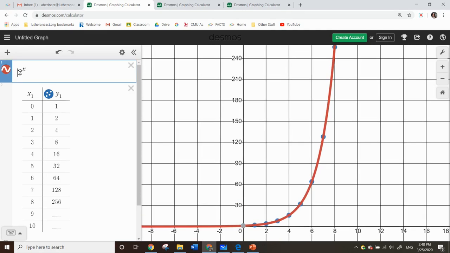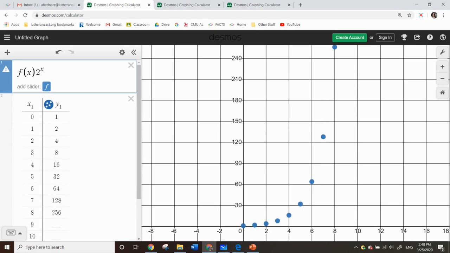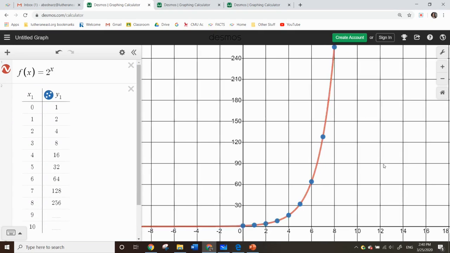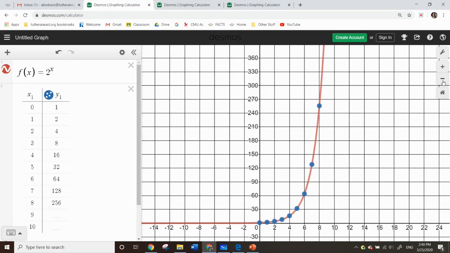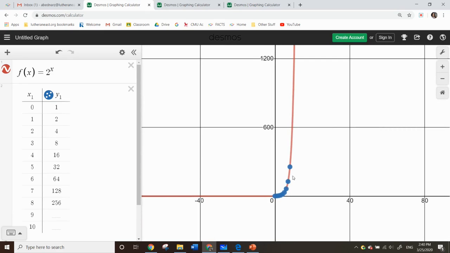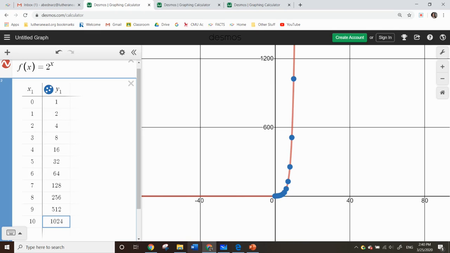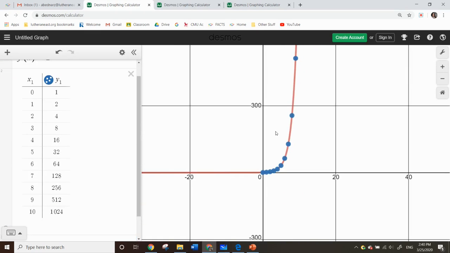So this function, f of x equals 2 to the power of x, is another example of an exponential function. We could keep adding points to our table here, so 512, 1024, and they're just going to keep matching up exactly on that line for us.